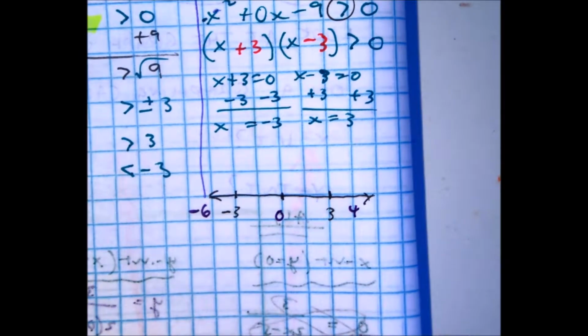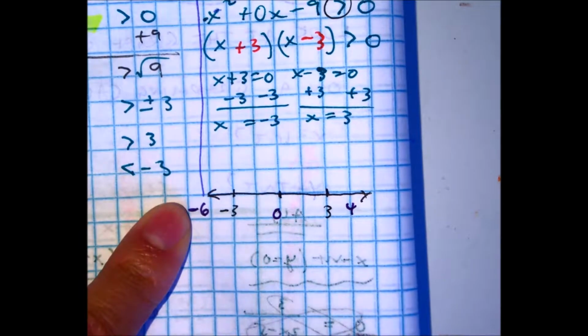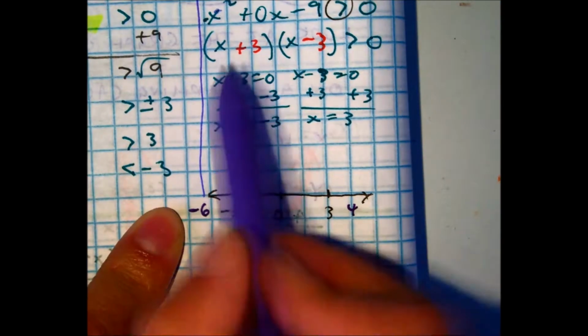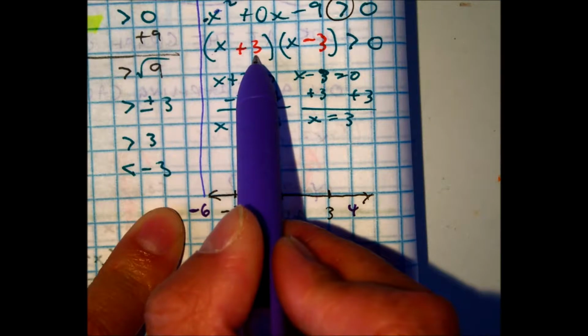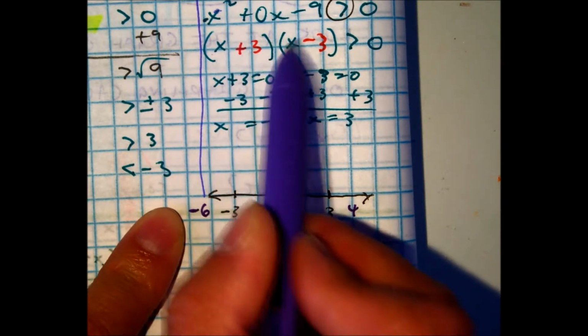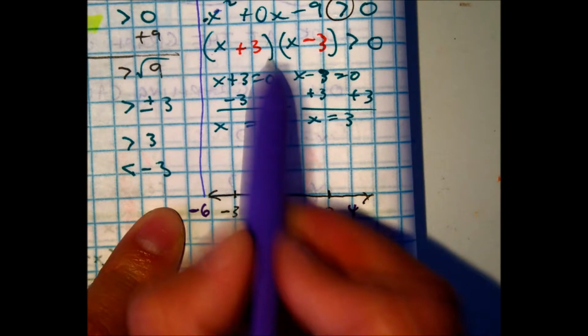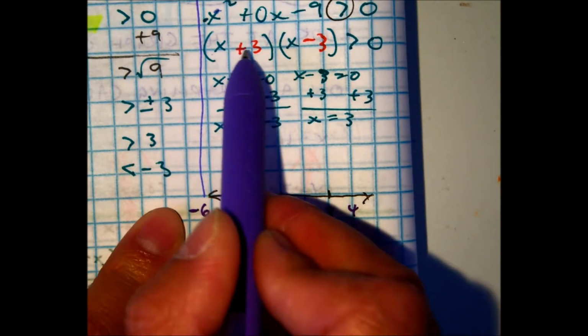Okay. Now you could use your calculator, but let me just do this by hand so it makes sense to you, okay? Negative 6 plus 3, what is that? Negative 3. Negative 6 minus 3. Negative 9. Negative 9 times negative 3.